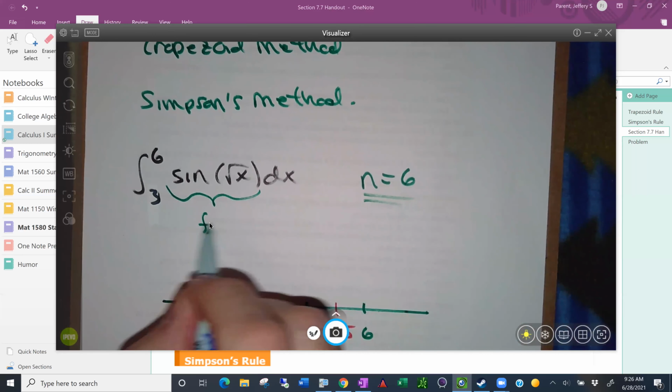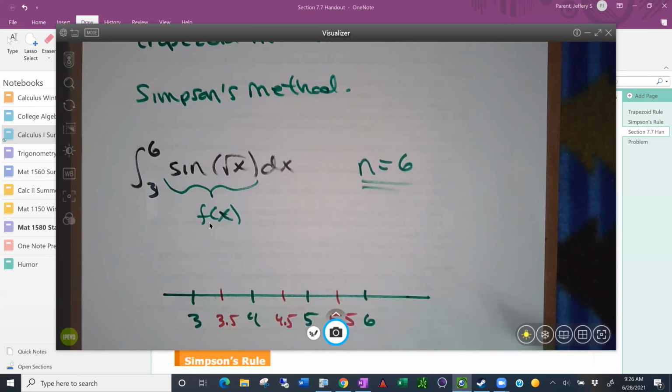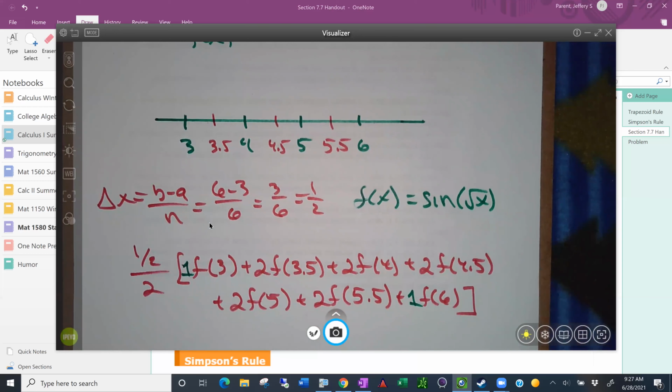So that's your f of x. So you have to do the sine of the square root of 3, or the sine of the square root of 3.5. And that's just looking mighty unfun. So sine of the square root of x.